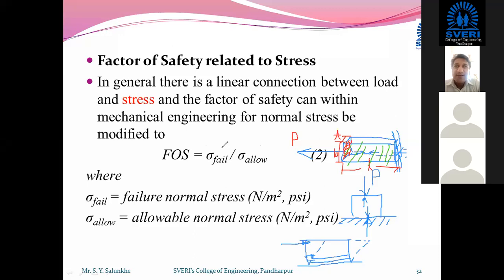That is, the factor of safety is equal to failure load divided by allowable load, or failure force divided by allowable force. Here also, stress is measured in Newton per meter square. Fail stress has the same unit, and allowable stress has the same unit. So the units get cancelled and we have only a value for the factor of safety.